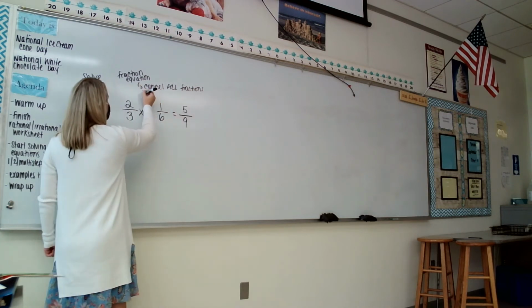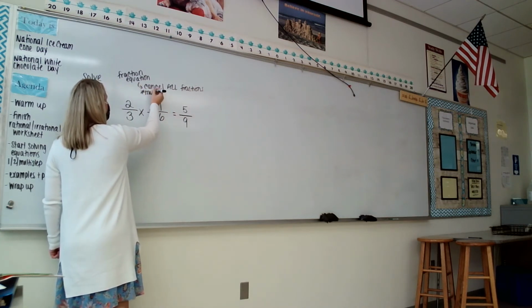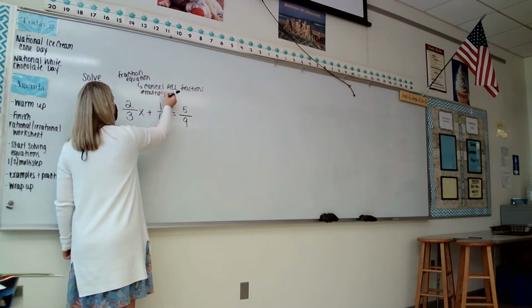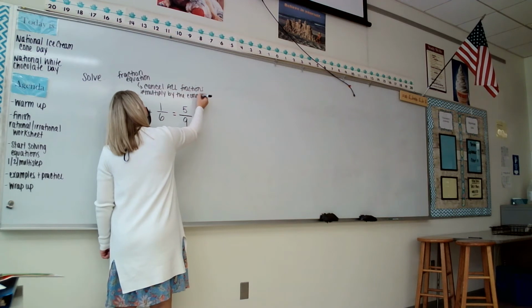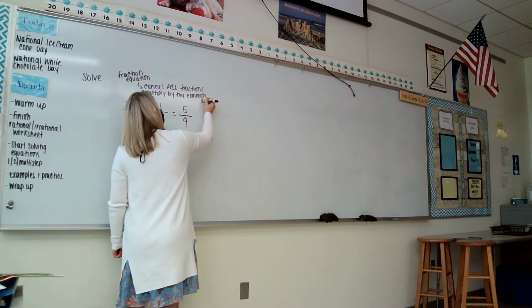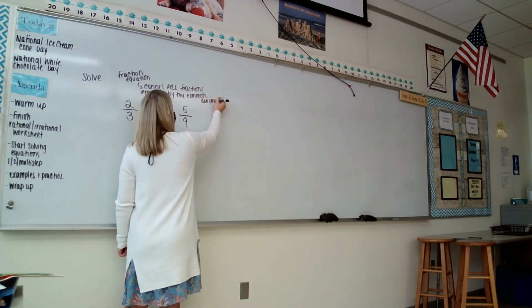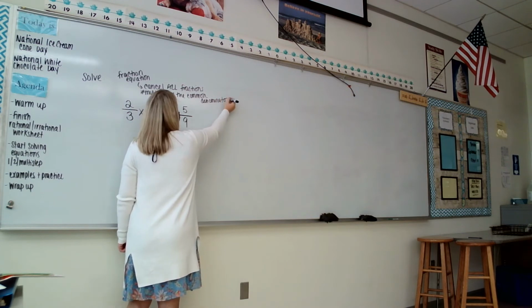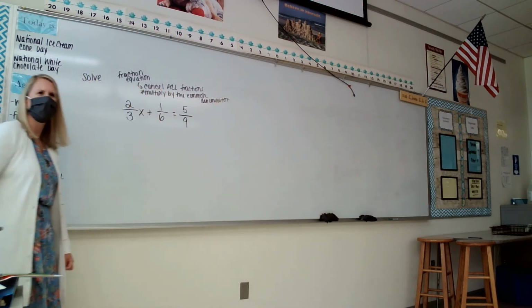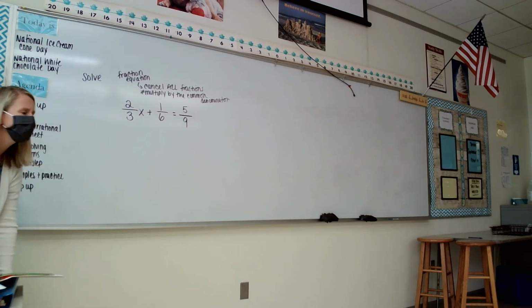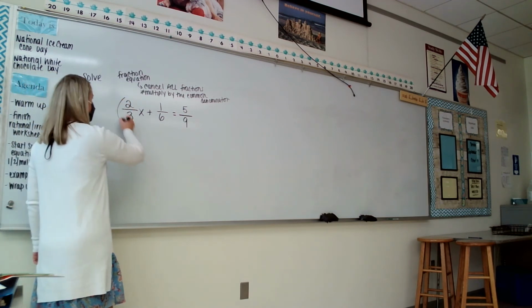And I'm going to do this by multiplying everything by the common denominator. You're going to see in a second, that's going to make your life way easier. So when we look at our denominators, 3, 6, 9, what's the common denominator? 18, right? So I'm going to multiply everything by 18.